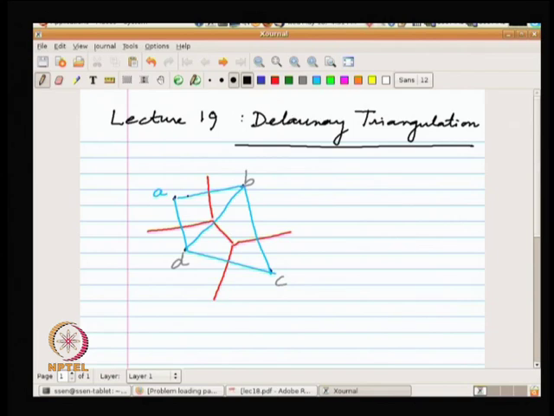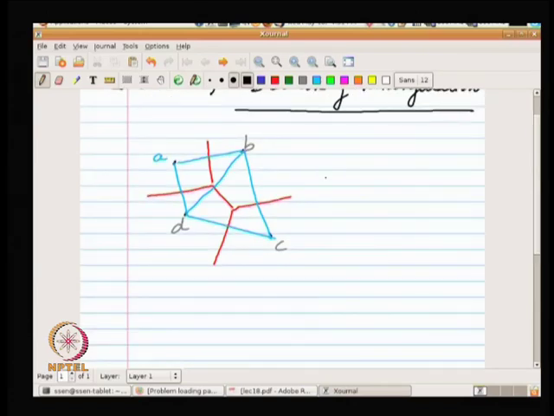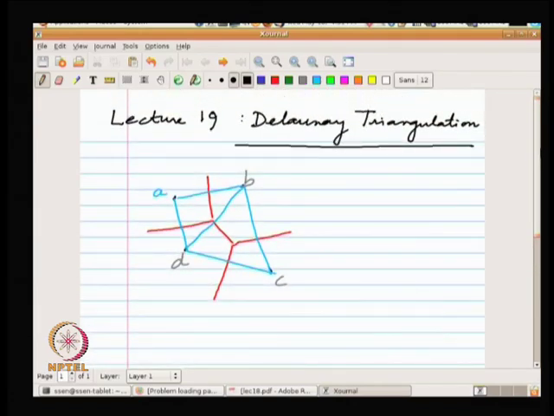Okay. So, numerically, when you actually implement these algorithms, it is easier to handle rounding errors, etc., when you construct a Delaunay triangulation directly rather than Voronoi diagrams. Okay. So, we will today discuss some direct methods of constructing Delaunay triangulation. So, Delaunay triangulation, of course, is the dual.